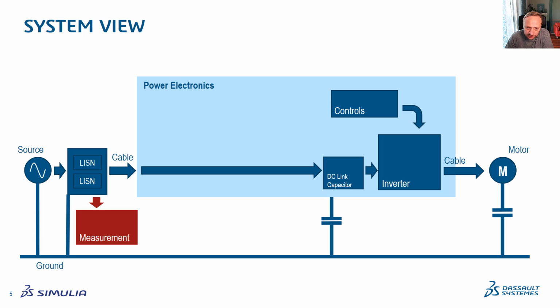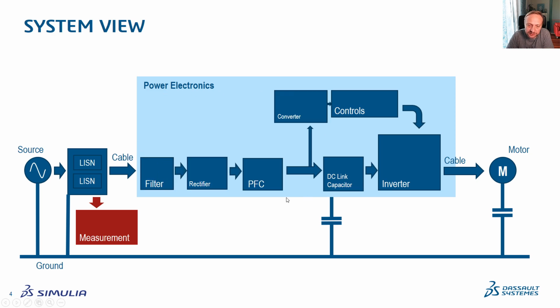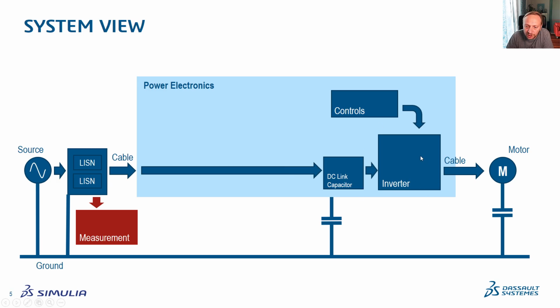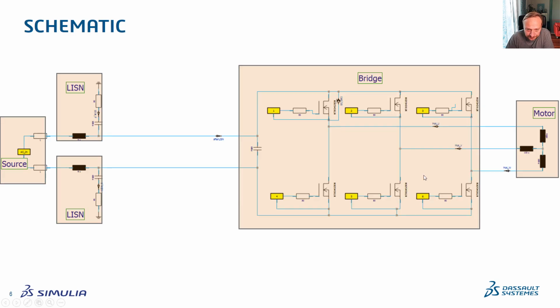So we start with a fixed operating point, and I left out all of this on the left-hand side. Even a converter or a power factor corrector might be important for the EMC behavior, but I will not cover this. It's our introductory course, and we will talk about the inverter itself.